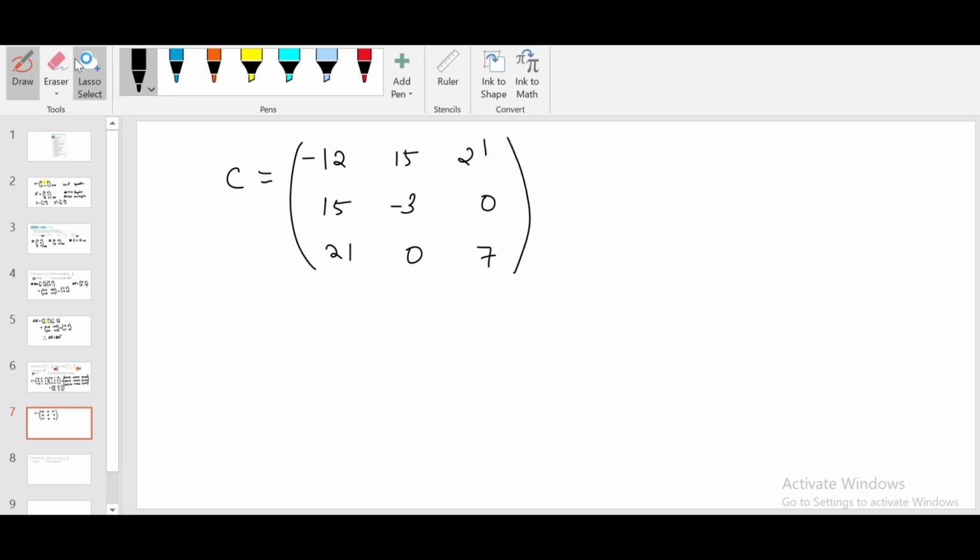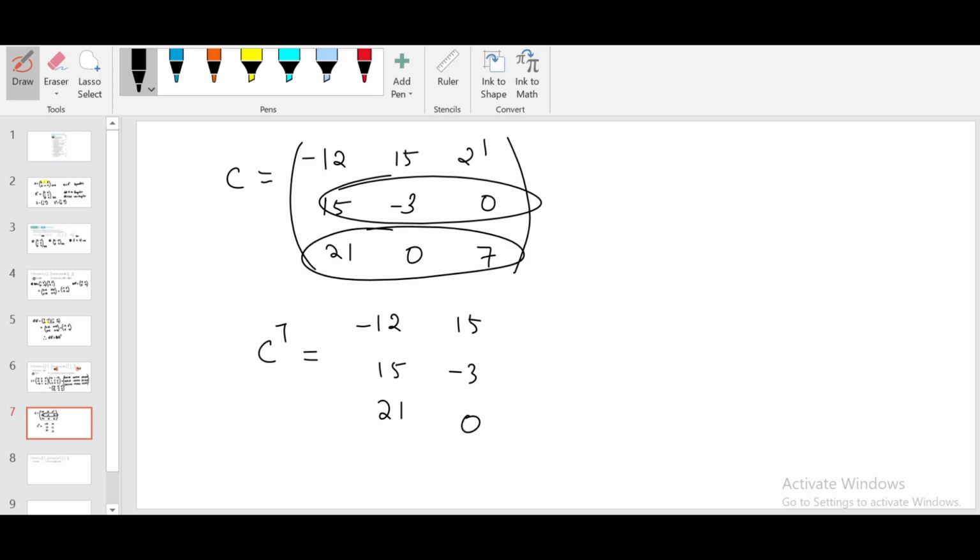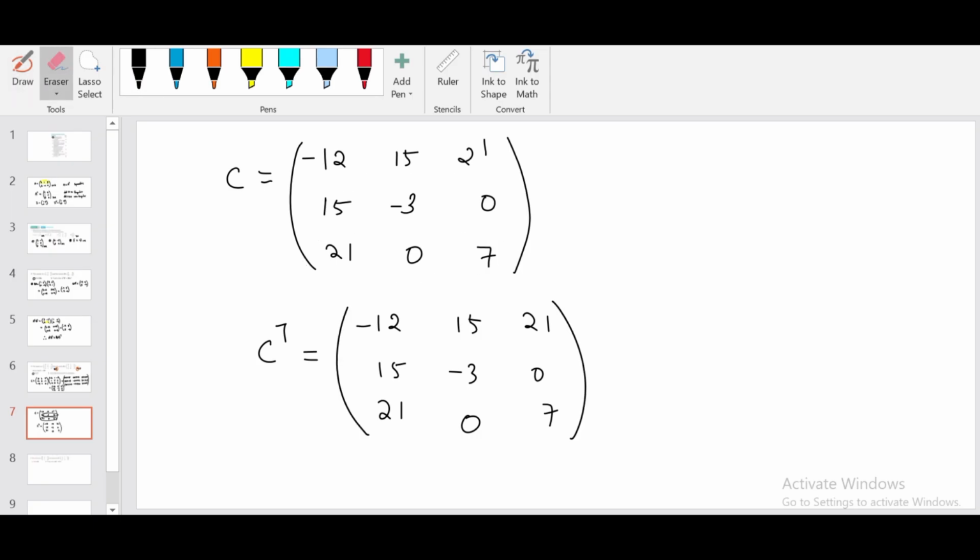If you find the transpose of C, take the first row, write it as the first column, second row, write it as the second column, and then third row as third column. Now look at them, they are the same, right? C is equal to transpose of C, therefore C is symmetric.